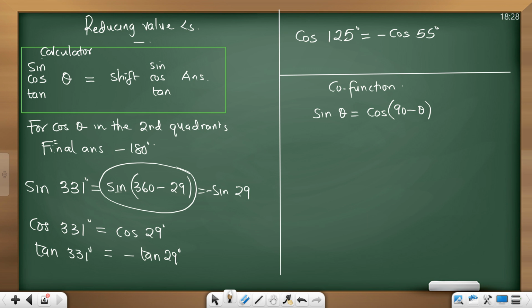What do I mean? If I say sine 30 or sine 20, it should be equal to cos of the complementary angle. That should give you 90 degrees. Basically, if you check, we are nodding our head saying change. Don't forget your co-functions. We are going to need it.